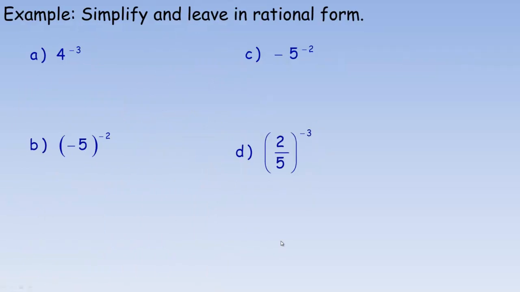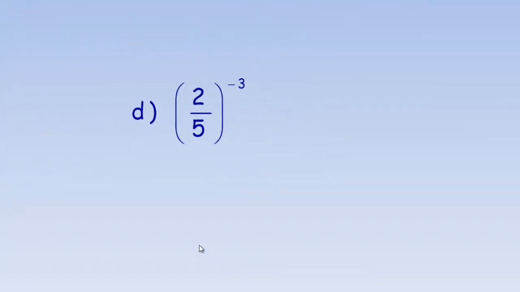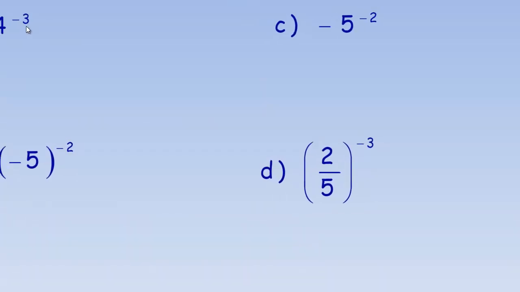So let's take a look at simplifying some numerical expressions with negative exponents. So 4 raised to the exponent negative 3 would be the same as 1 over 4 raised to the power of exponent positive 3. So again, that's the reciprocal part that I was talking about.